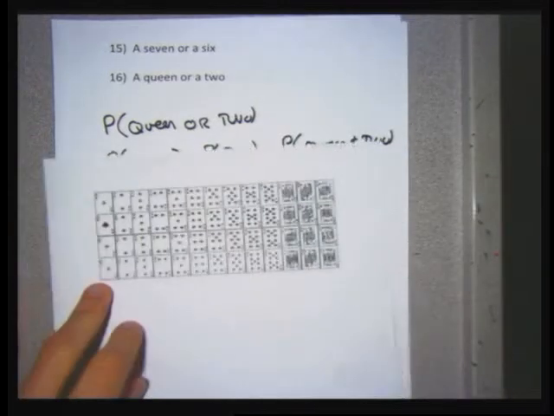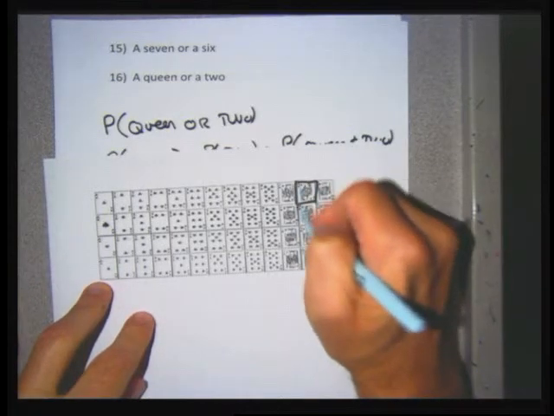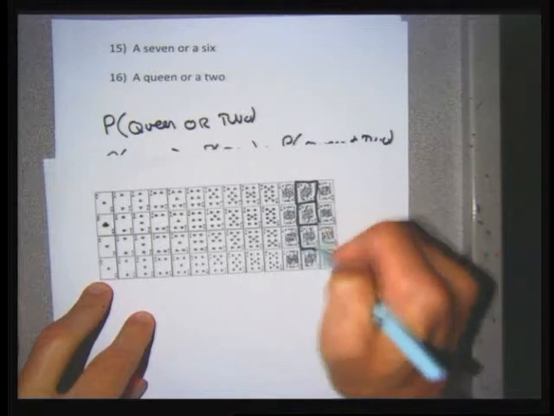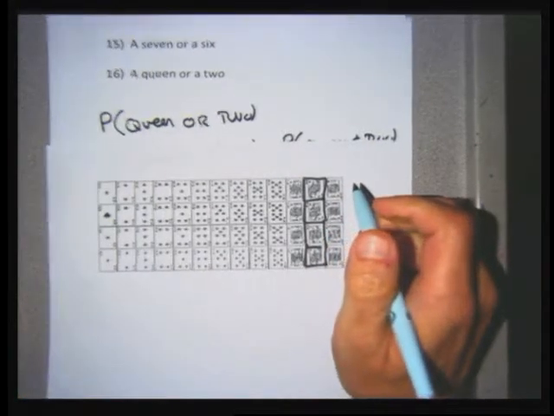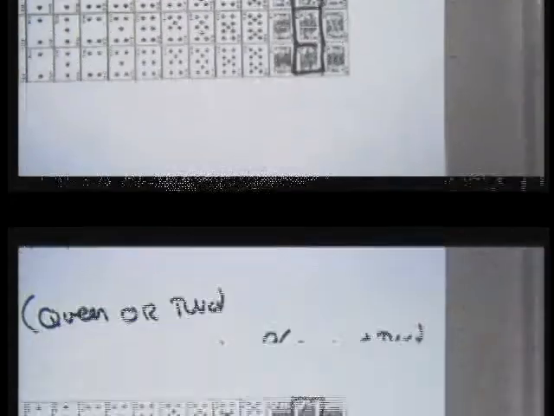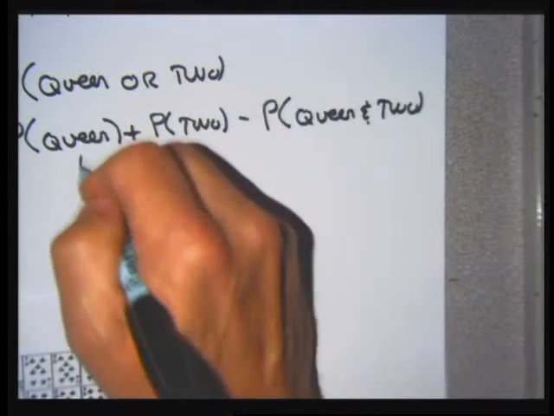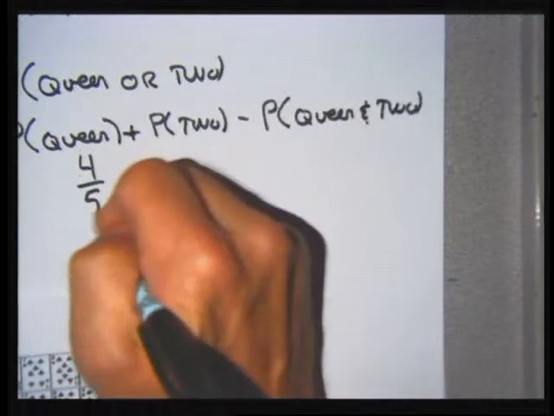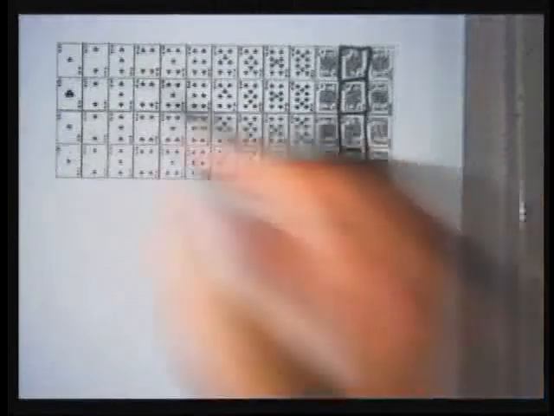The probability of getting a queen is going to be 4 and 52 because in my sample space there's 52 cards and 4 of them are queens. So the first fraction I'm going to get is going to have a 4 over 52. And then I'm going to find the probability of getting a 2.